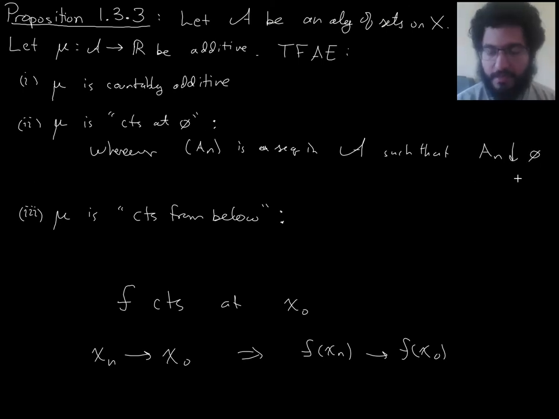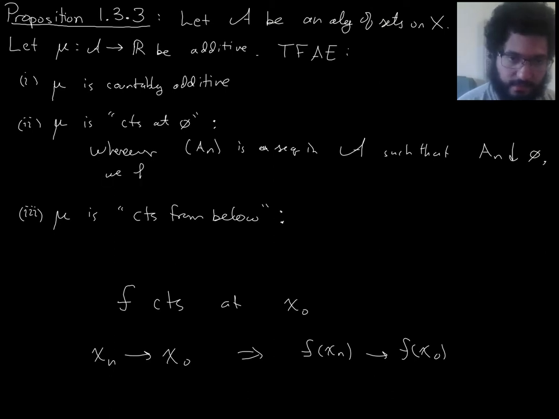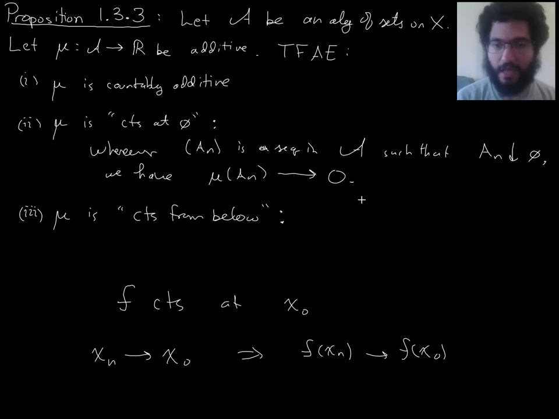This is what we're going to mean by converges to the empty set. So it's a nested sequence with all of the sets sort of shrinking, and the intersection of all of them is empty. Then we have, if you apply mu to these sets, then that sequence of real numbers converges to 0 in the calculus real analysis sense.